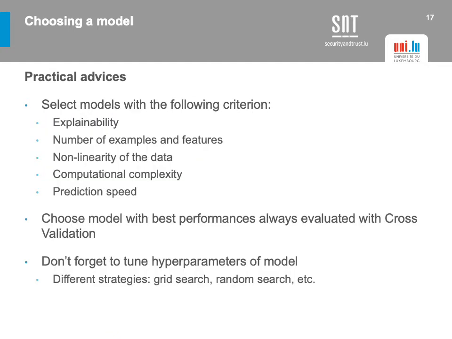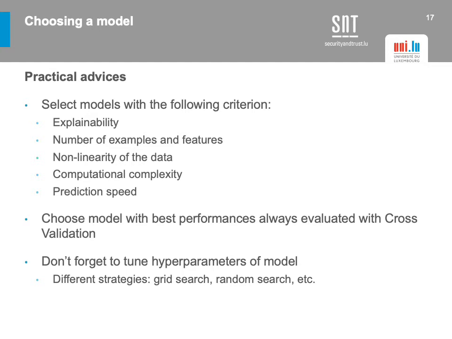So some other practical advice is to select a model depending on the criterion that you care about. Do you care about explainability? If you do, well, maybe using, for example, a decision tree will be better. If not, you can use some more complex, more powerful model. How many examples and features do you have?